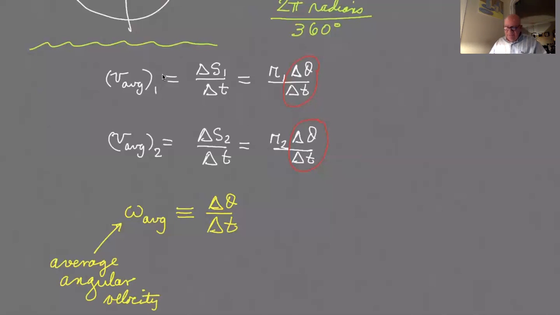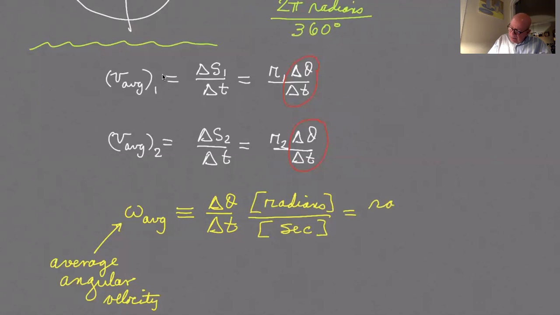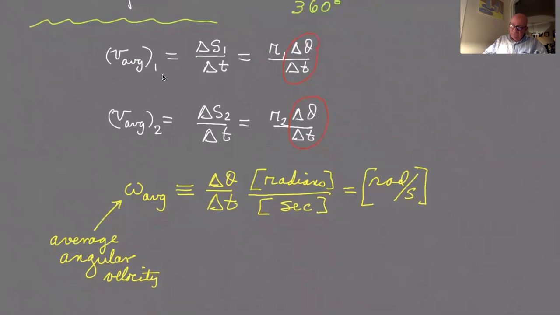Now we'll talk about the vector notion of these in a second. And speed and velocity I will use interchangeably here, okay? But it's the average angular velocity or speed. And the units now, this is going to be radians, this is going to be units of seconds. So the units on the angular velocity are radians per second, okay?